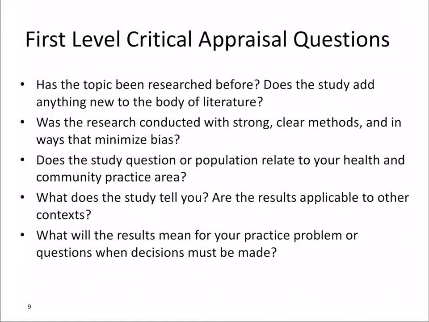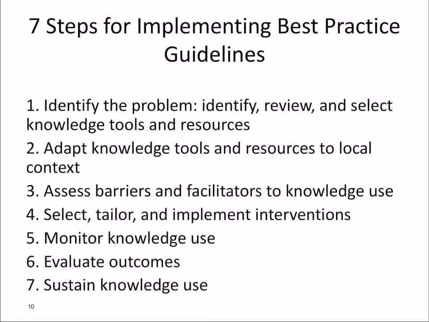Or was the research conducted with strong, clear methods? Does the research question relate to your health and community practice area? And what does the study tell you? Are the results applicable to other contexts? And what do the results mean for your practice problem? And or questions when decisions must be made.